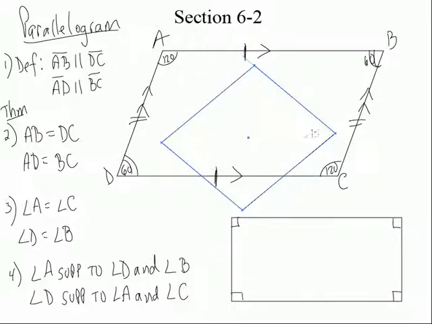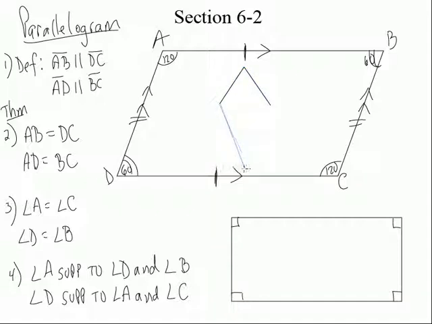Let me think. So if you drew a diamond like this, right? And then you went down like that, are the opposite sides parallel to each other? Well, let's see. Probably not. Could you make a diamond and have these?